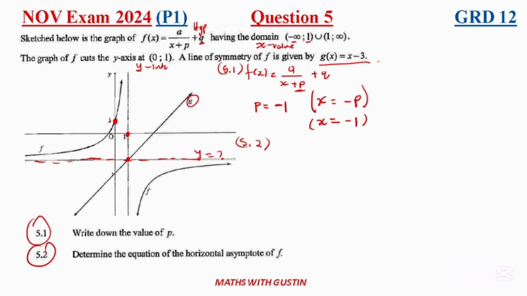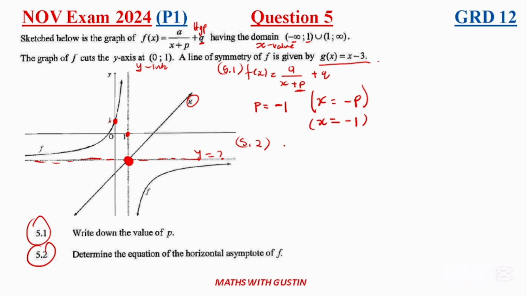We already know this asymptote is sitting here. We know the value of x here, and we know the equation of a straight line. So if we go to the straight line and substitute x equals 1, we should be able to get this point here.